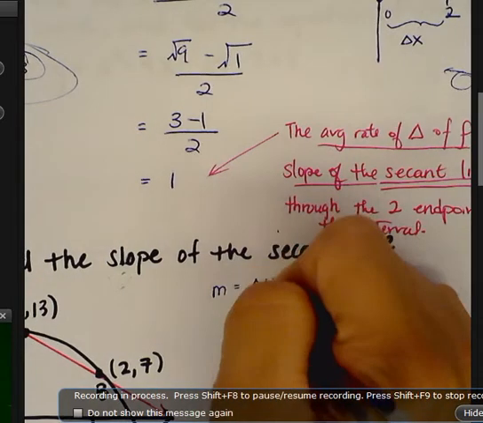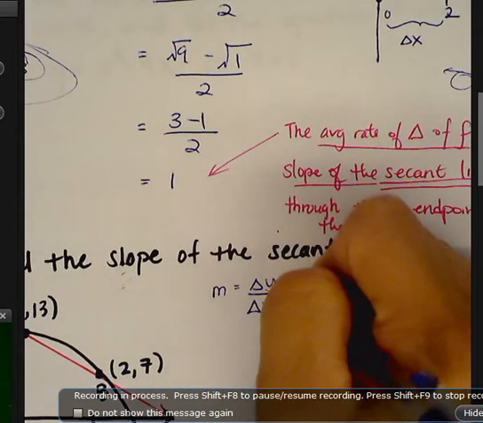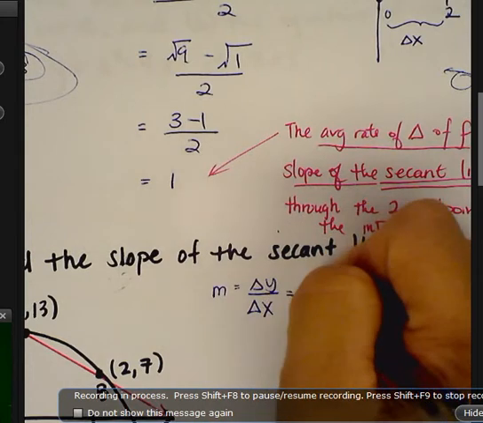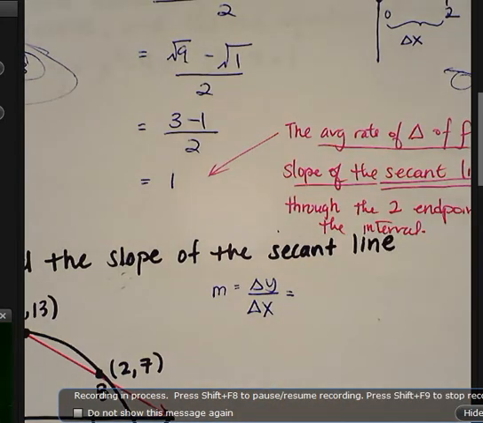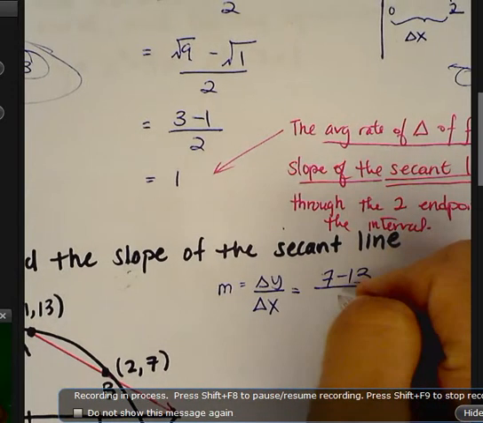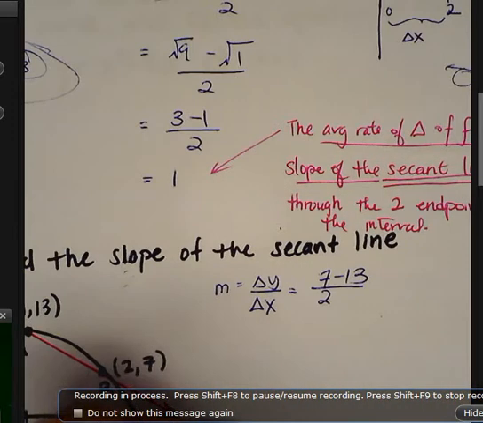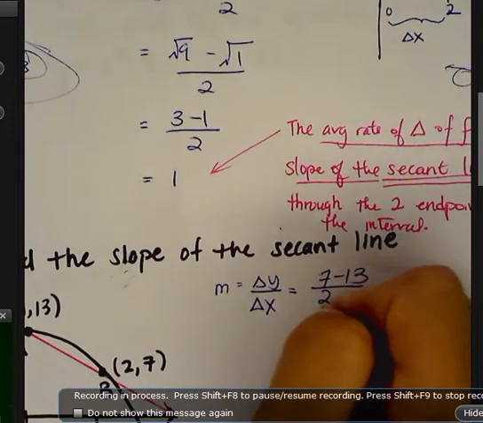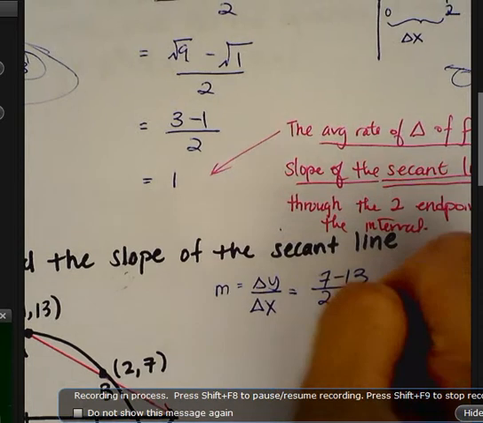The slope of the secant is going to be change in y over change in x. Okay, what is the final y value? The y value is 7 minus 13, because I'm going from A to B. And from 2 minus 1, so it's going to be negative 6.